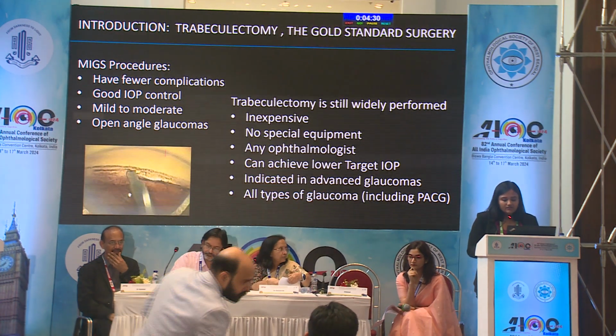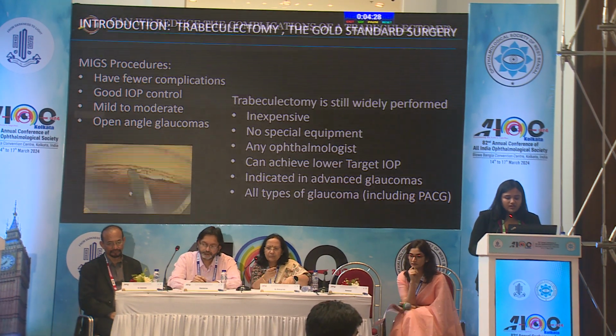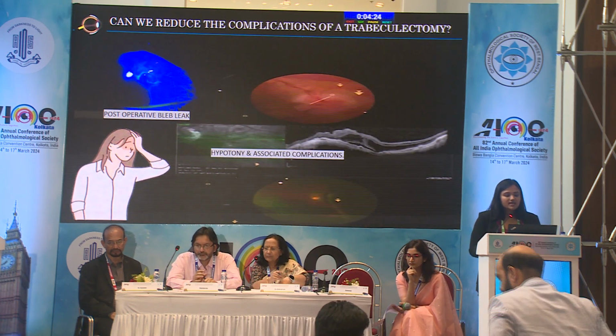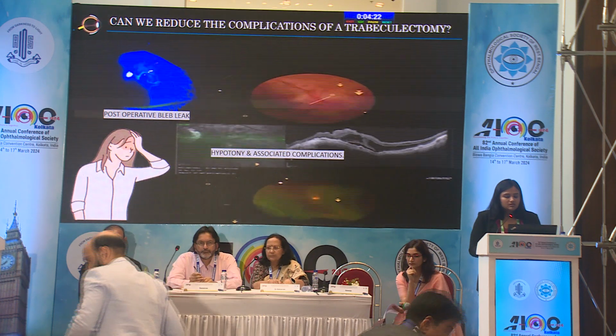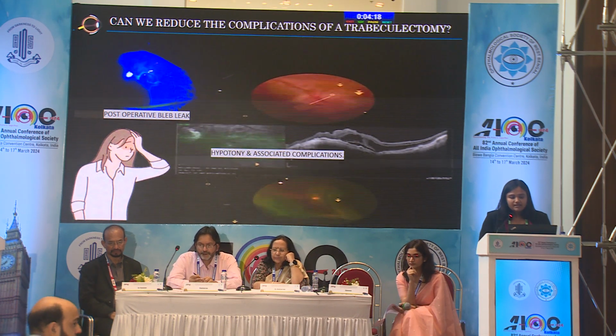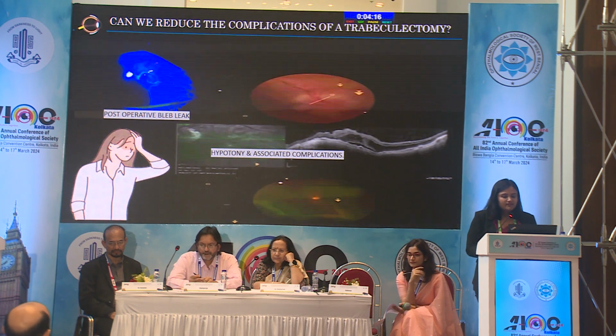But it does have a higher rate of complications, one of which is an early bleb leak, which may lead to a host of problems such as hypotony, blebitis, bleb-related endophthalmitis, etc., which cause scarring of the bleb and failure of the procedure.